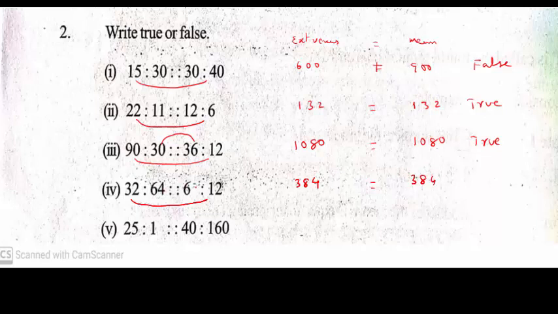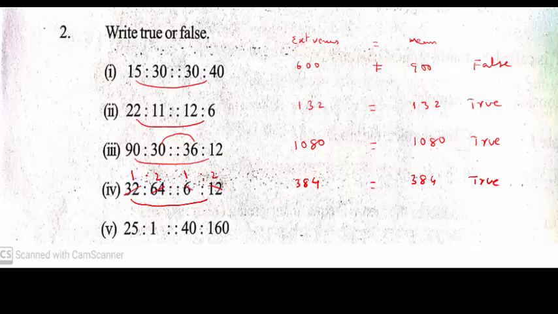This is also true. Or 32 divides 32 in 1 time, 32 divides 64 in 2 times. This is 1:2. 6 divides 6 in 1 time, 6 divides 12 in 2 times. This is 1:2. So these are equal. So this is a proportion, true.